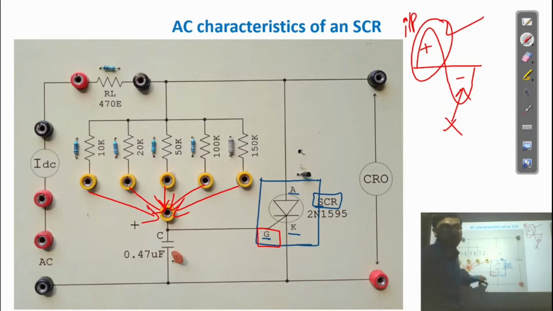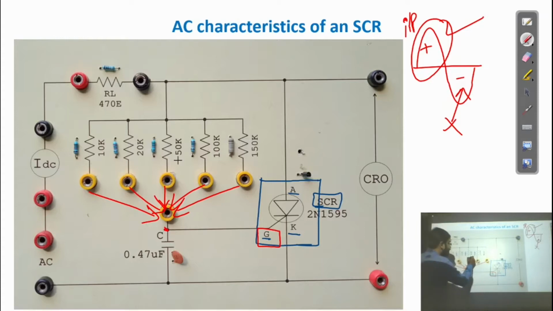When you connect them individually, one by one, they will give different amounts of gate current, right? Now, that gate current will be connected over here.